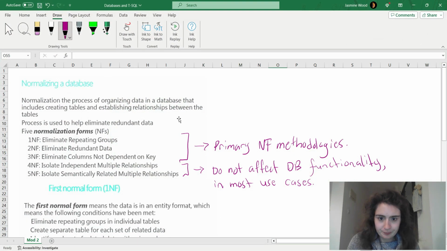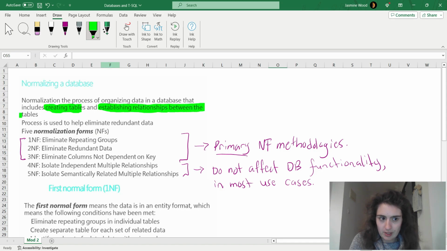So essentially, 5 normalization forms are covered, the first 3 of which are considered primary methodologies. And all these methodologies do is essentially create new tables and establish relationships between each of the tables in reference to a key data, essentially.